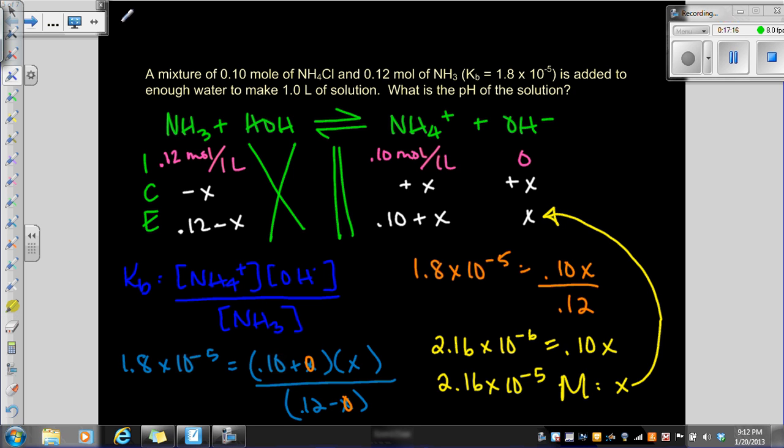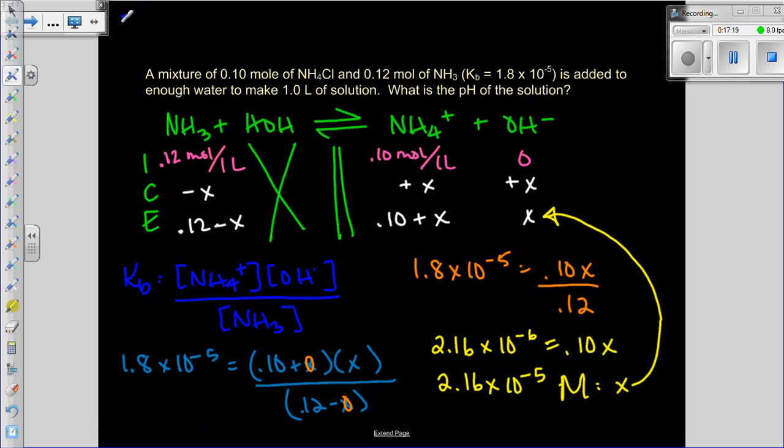I want to use hydrogen ion concentration is equal to 1 times 10 to the negative 14th divided by my hydroxide ion concentration, 2.16 times 10 to the negative fifth. And when I do that, I get sig figs, let's do 2, 4.6 times 10 to the negative 10th molar for hydrogen ion concentration.